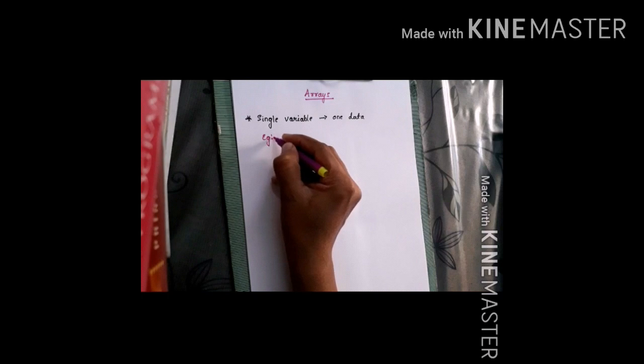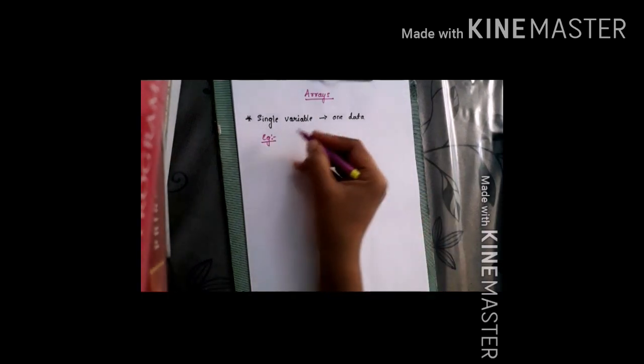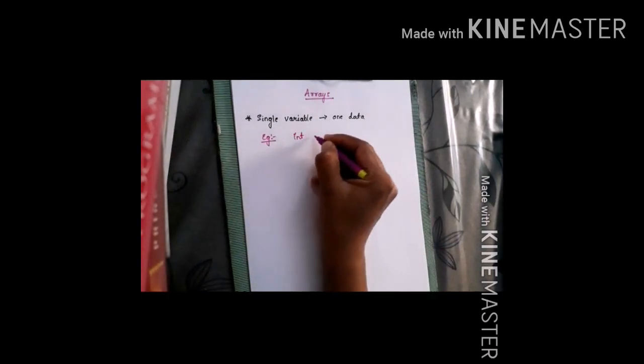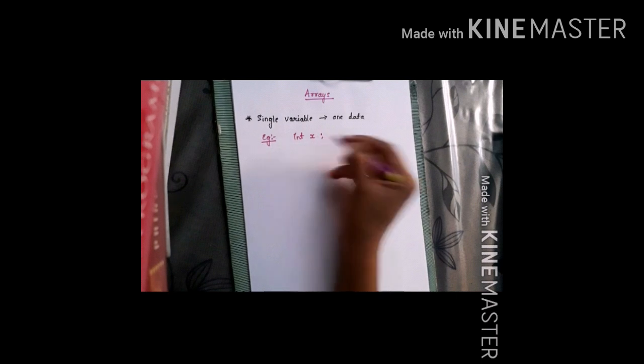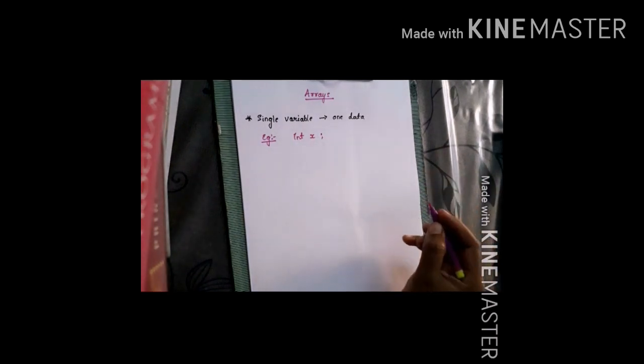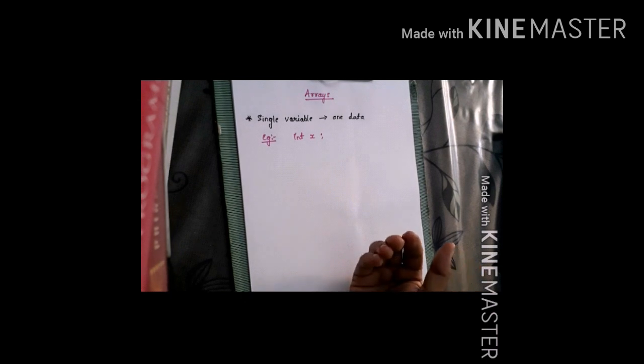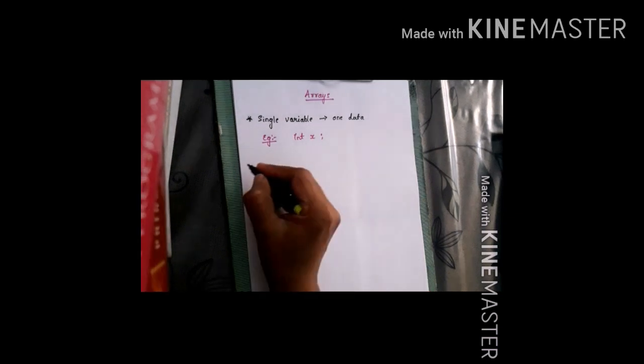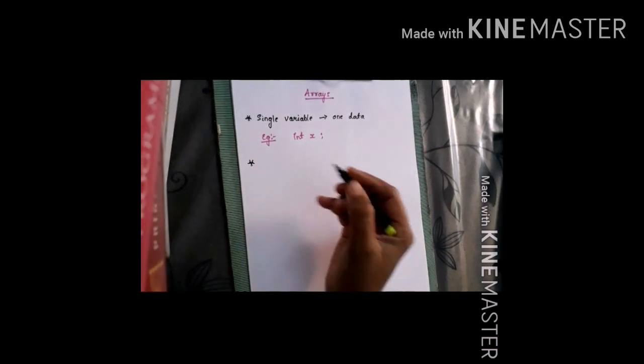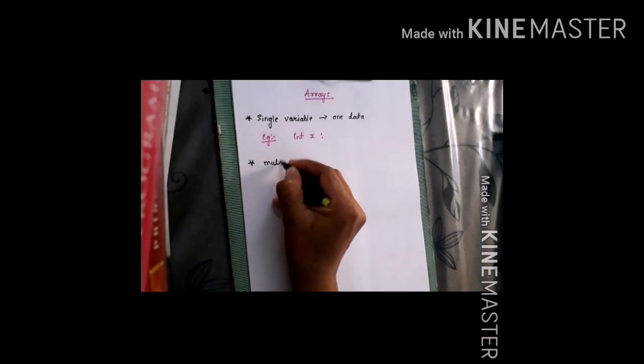For example, if I declare the variable x, an integer variable like this, in the variable x we can store only one integer data. In the same way, if you declare a floating point variable, we can store only one floating point data. But sometimes I want to store multiple data.